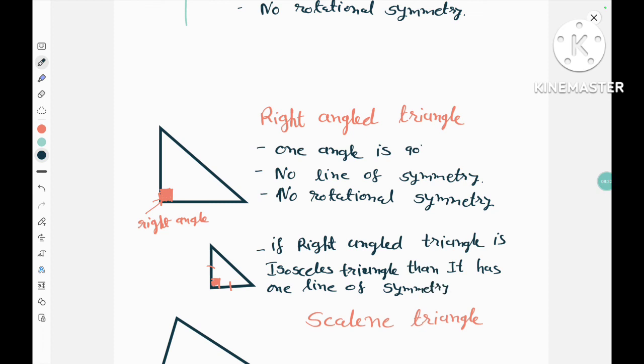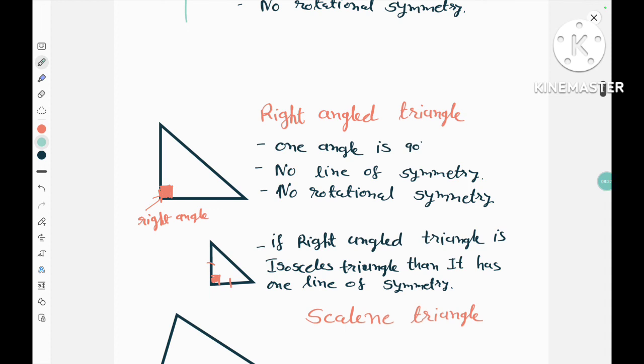And it is from here. If you cut it from here, exactly from the right angle, then we get two equal parts.